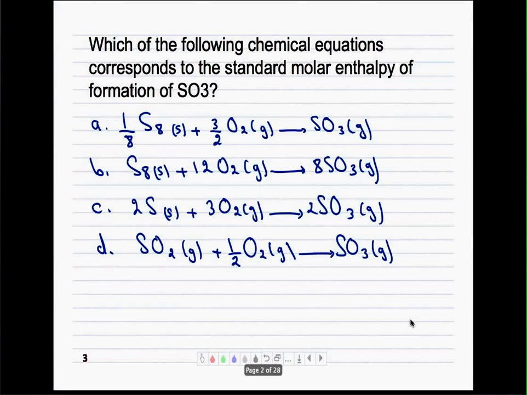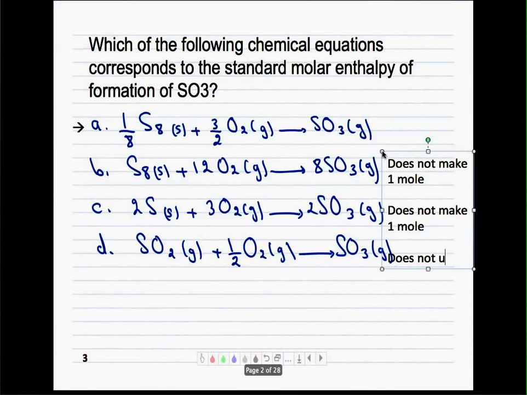Which of the following chemical equations corresponds to the standard molar enthalpy of formation of SO3? So what you want is the molar enthalpy of formation, so it has to have one mole on its outside.